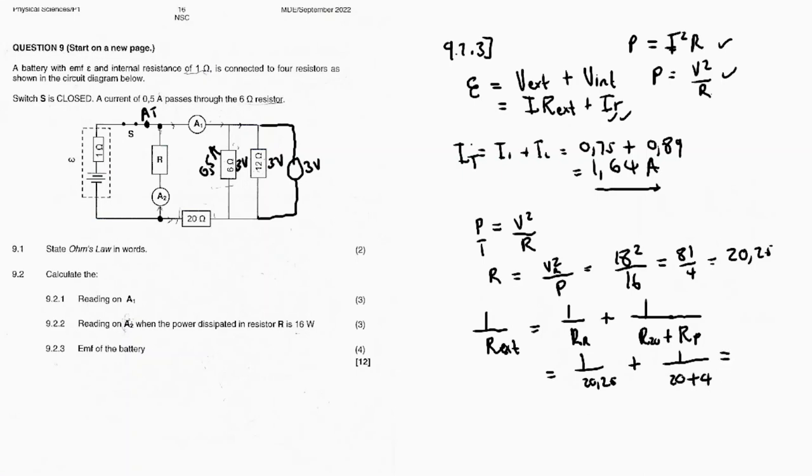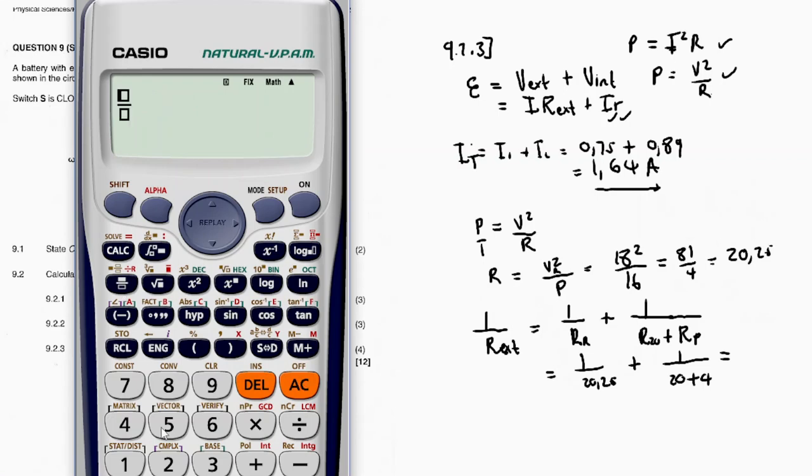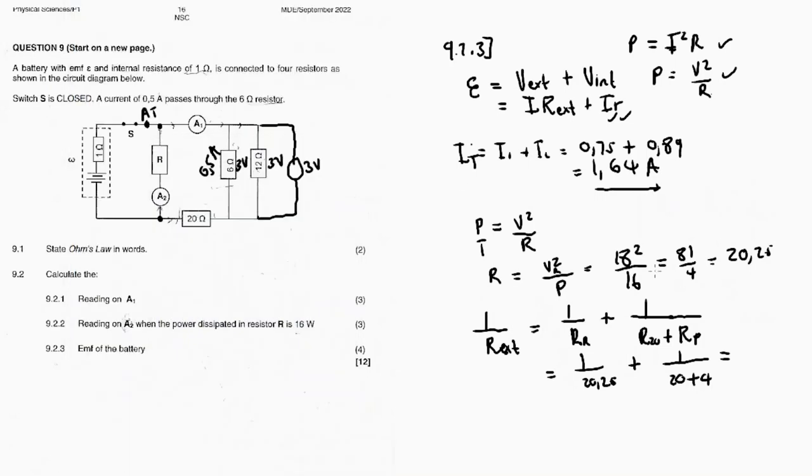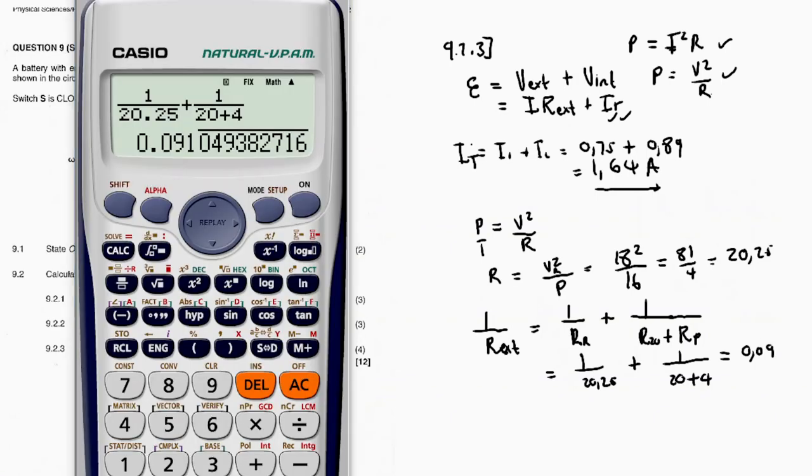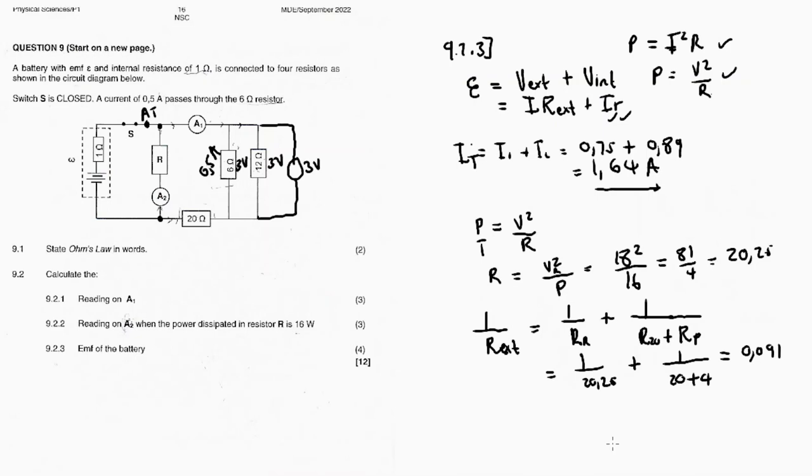This is equal to 1 over 20.25 plus 1 over 20 plus 4. Round it off, so it's 0.091.